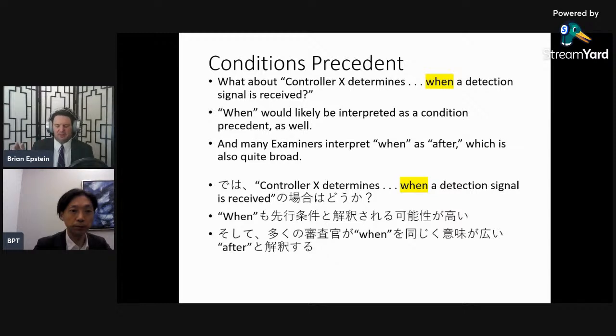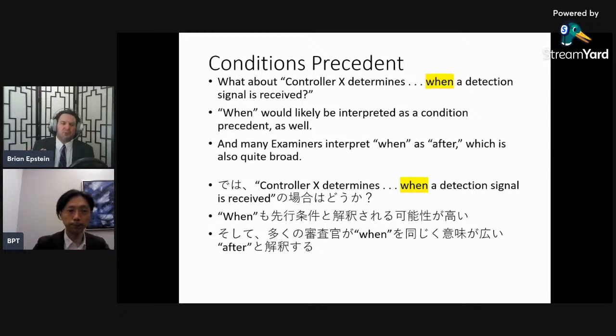So maybe the accused infringer will try to invalidate the patent as too broad based on the use of the term when, and so I'll have a dependent claim that recites something more narrow, and we'll come to that in a moment.